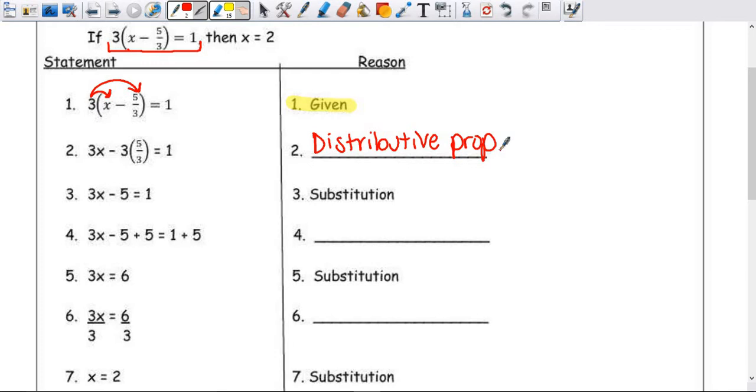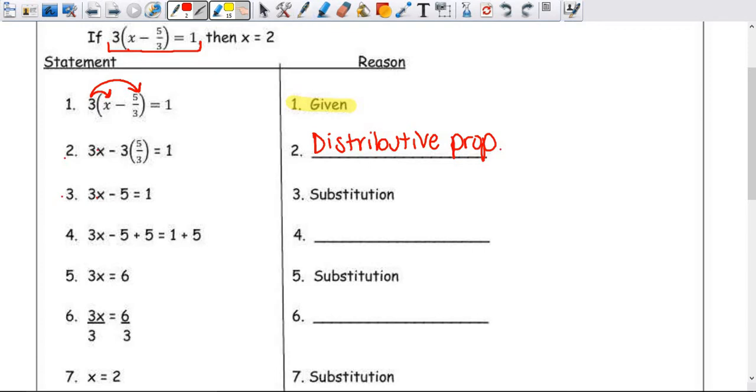Now next, from step 2 to step 3, what have they done? The 3x stayed the same, but now they have a minus 5 instead of 3 times 5/3.